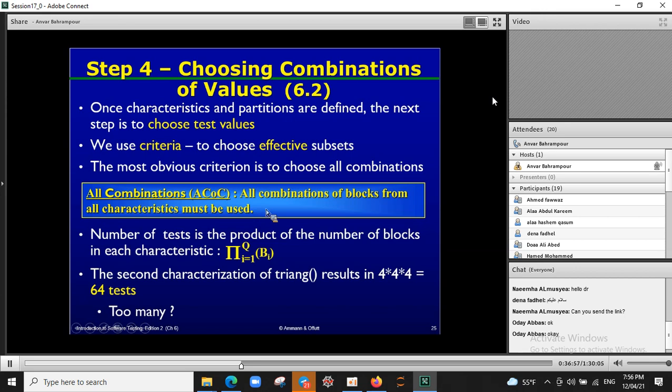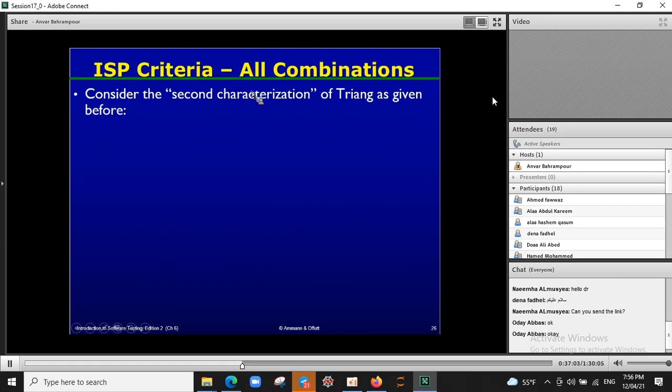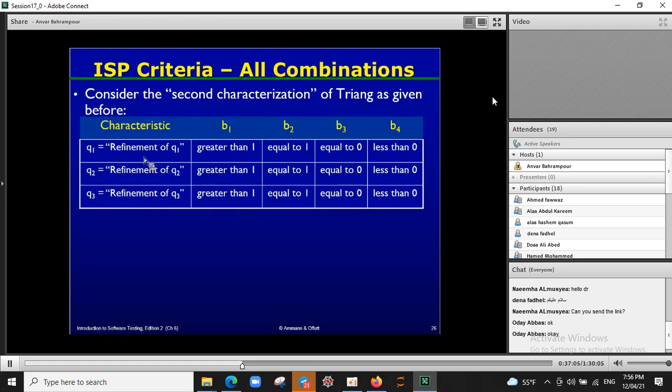So consider our partitioning, our domain modeling, as we have seen before, which is the same as this table. We have 3 sides. Each side has 4 blocks, as explained in this table.